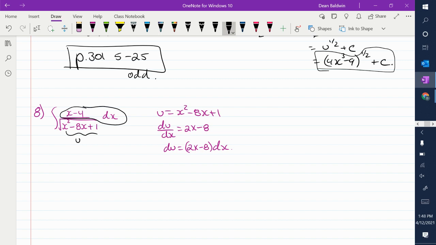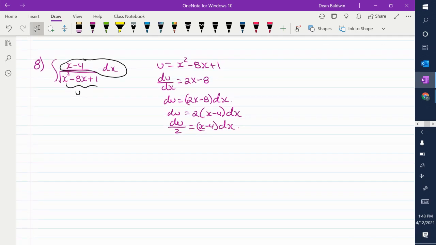So I've gotten rid of the bottom, but I still got to deal with this x minus 4 dx. What can I do to this 2x minus 8 to get there? Yeah, factor out a 2 or divide by 2, right? So if I rewrite it as, so now it works.